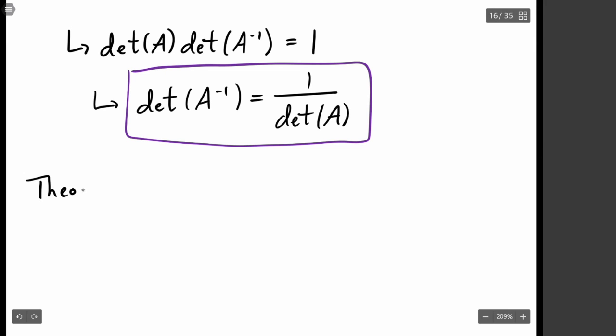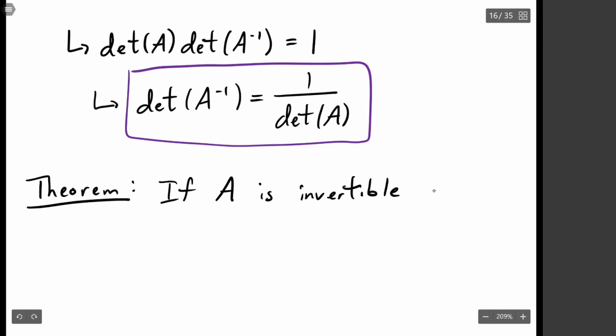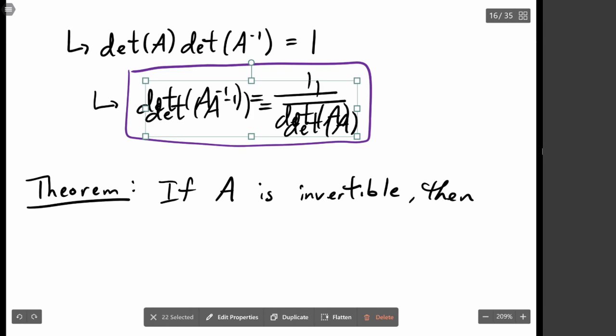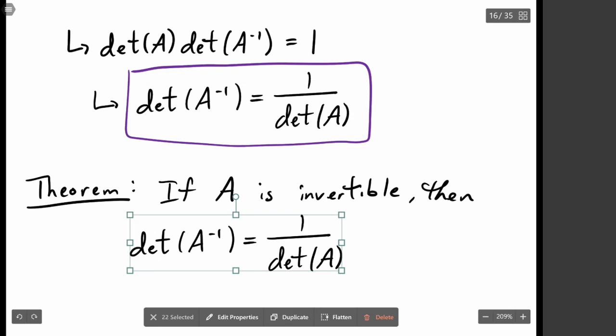The theorem, right? How should we say it? So we should say if A is invertible, then this is true, right?